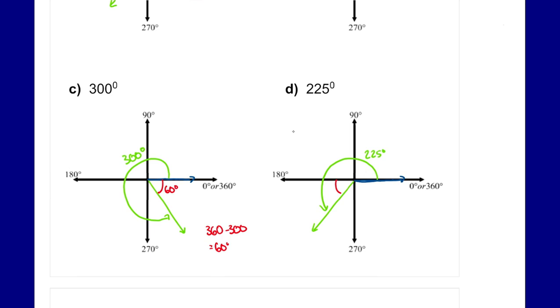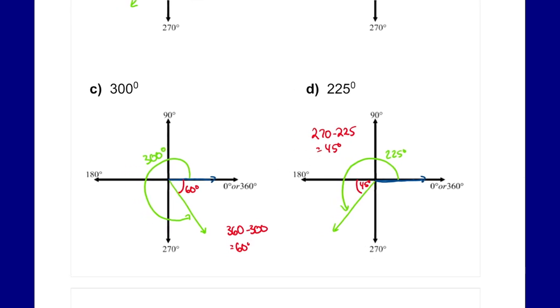To figure that out, 270 minus 225 equals 45 degrees. So this reference angle is 45 degrees, which is one of those angles from a special triangle. I could use that to help me figure out what the ratio of the sides would be, or what the sides might be, or how long that terminal arm might be. Again, these are different applications that we're going to look at later on.